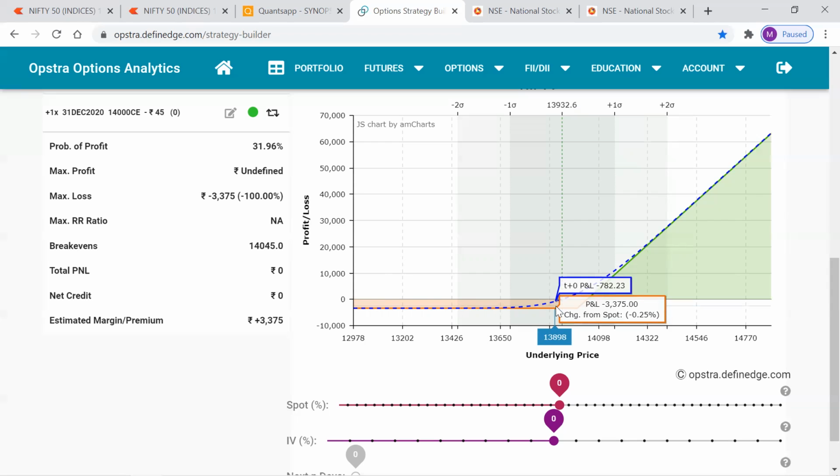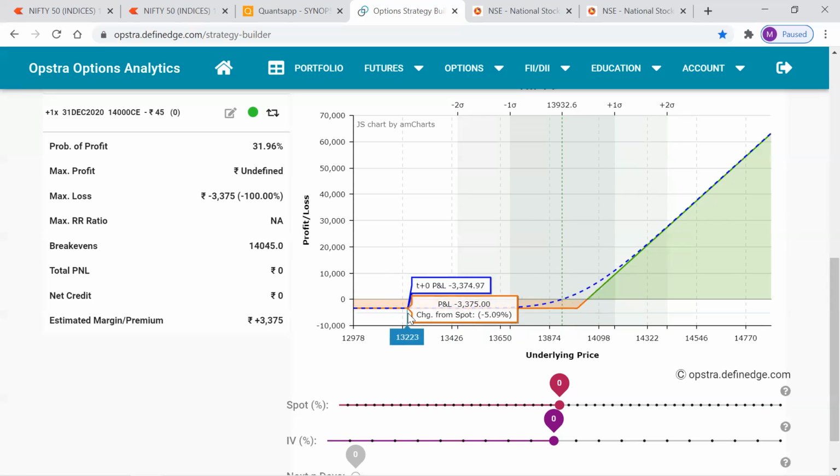Even if it stays at 13,999, the loss is only 3,375. Even if it comes down to 12,000 or 10,000 or 8,000, even if the Nifty falls to 5,000 before 31st of December, you are not going to lose more than 3,375 rupees, because you are an option buyer and your loss is limited while your profit is unlimited.